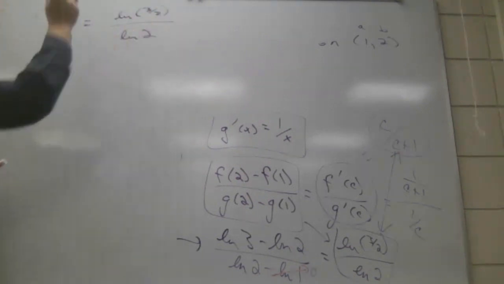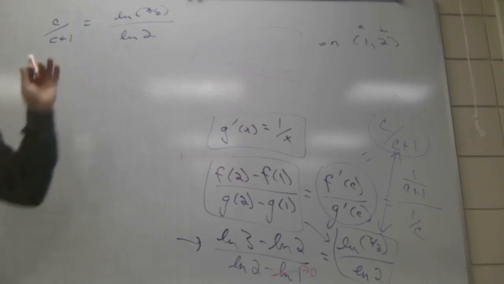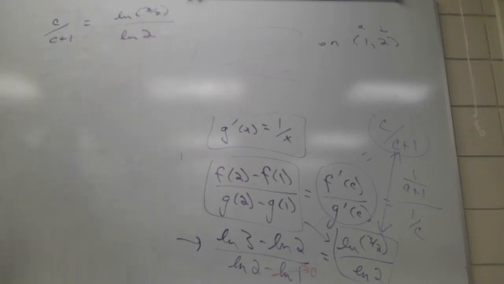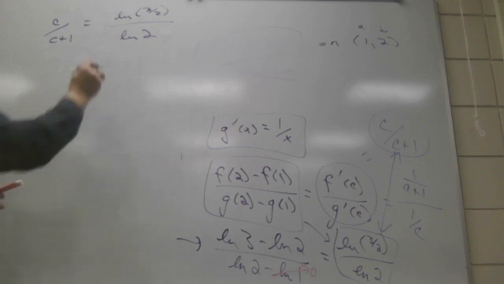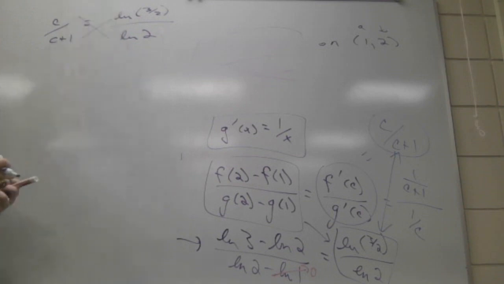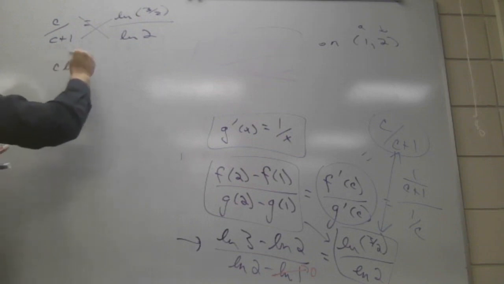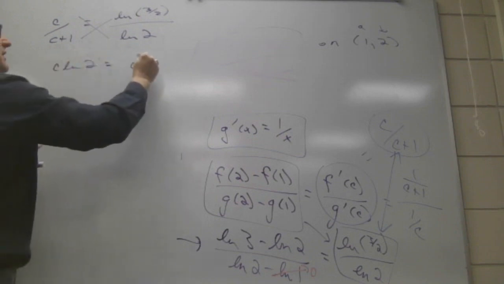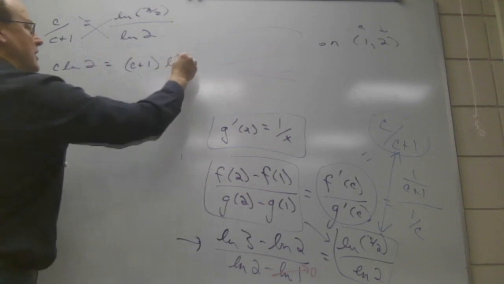This is a ratio, which compares two things. It's actually a proportion, right? Because I've got two ratios that are equal. What do we know? Cross products are equal, right? So I can say c natural log 2 equals c plus 1 times natural log of 3/2.